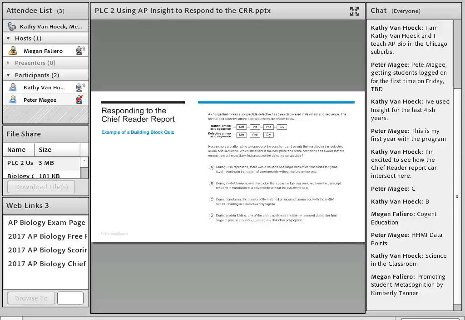Here we've got a multiple choice question that would very much reflect something you would see on the AP exam. You've got a stem here, and the nice thing about AP Insight is that you have a right answer and four very specifically written wrong answers.